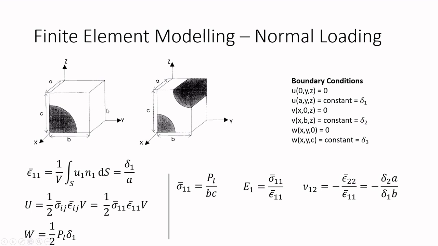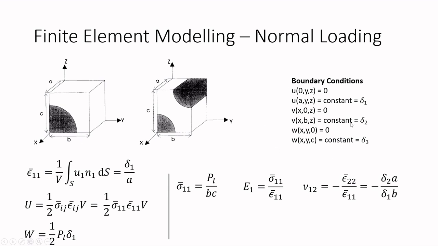Whereas u on this face, the backside face, will be 0. Similarly, v on this backside face is 0, and v on this face will be delta 2, and w on this face will be delta 3, and w on the downside face will be 0.